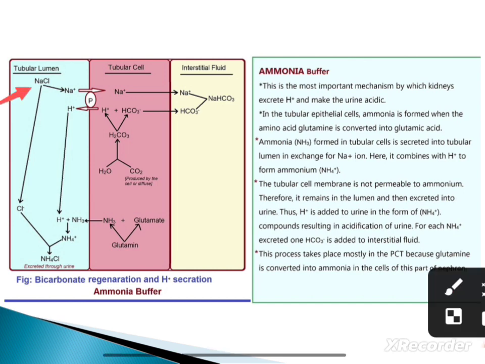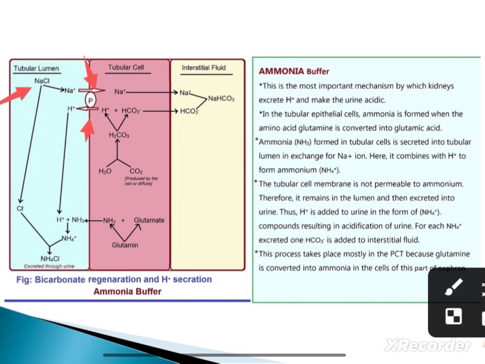Here the salt sodium chloride appears in the glomerular filtrate. Sodium chloride dissociates into sodium and chloride. In the same way as before, sodium is reabsorbed in exchange for hydrogen.